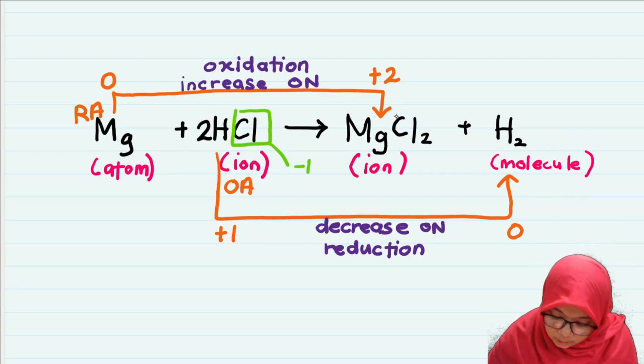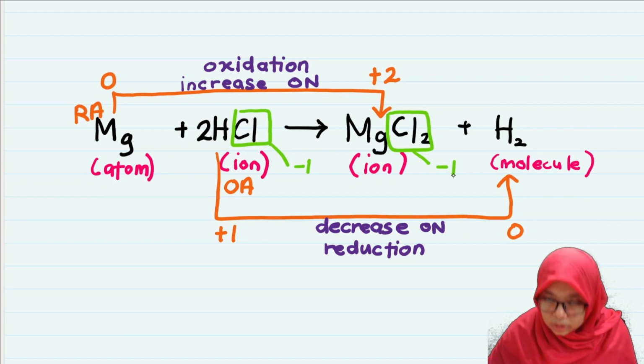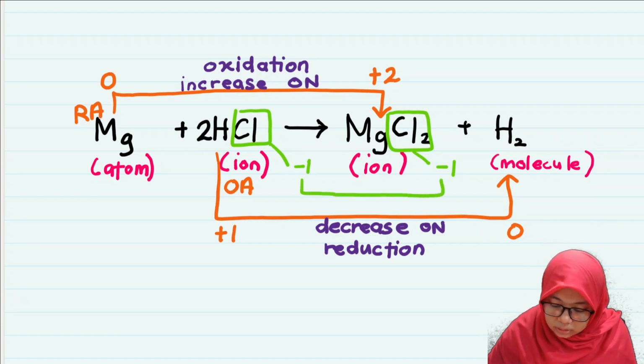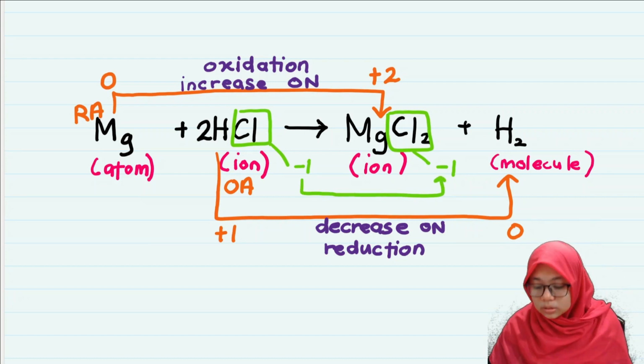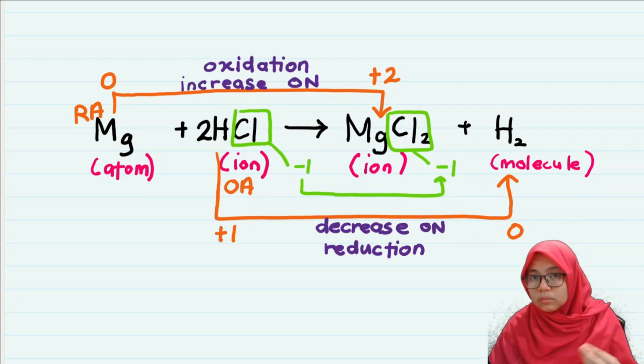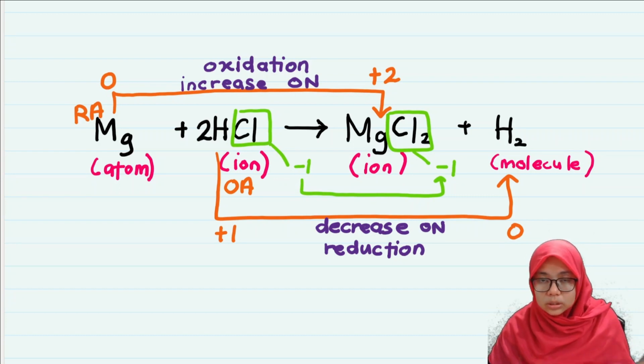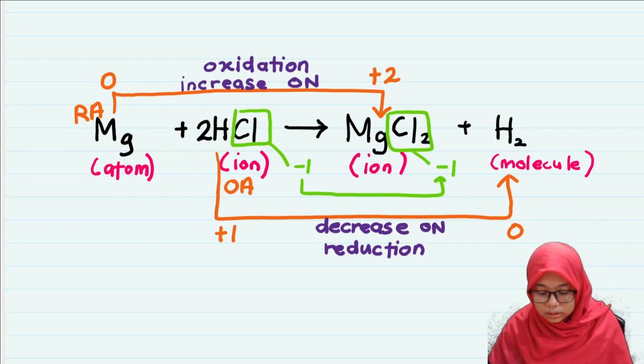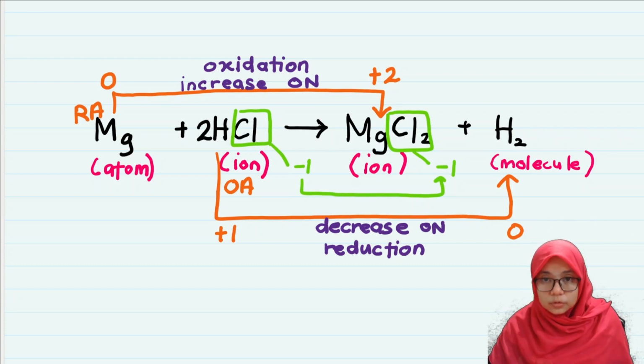When it reacts with magnesium and forms magnesium chloride, it still exists as an ion with the same charge, 1 negative. So the oxidation number does not change during the reaction. So when the oxidation number is still the same, the chloride ion does not undergo oxidation or reduction. So the focus of elements in this reaction is actually magnesium and also hydrogen.